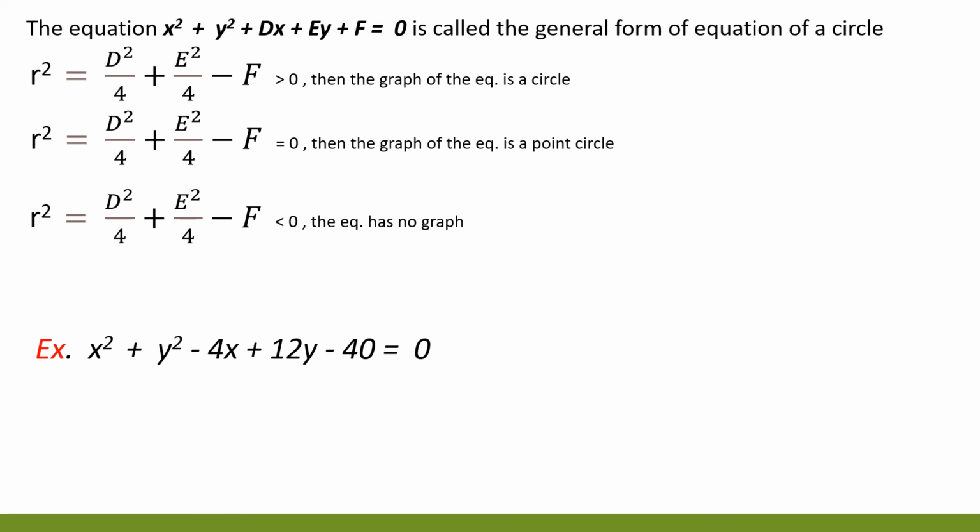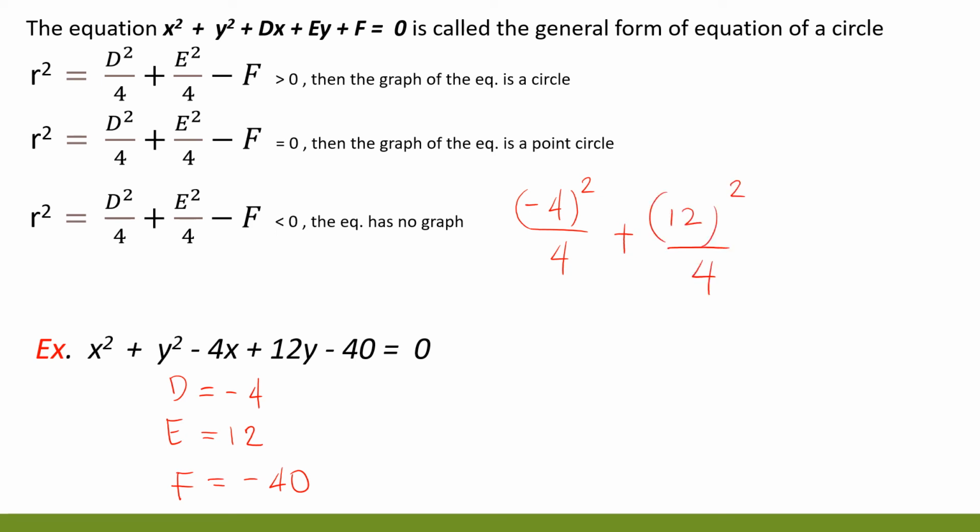Another example: x squared plus y squared minus 4x plus 12y minus 40 equals 0. In this case, D is negative 4, E is 12, and F is negative 40. Again, using the pattern, negative 4 squared over 4 plus 12 squared over 4 minus negative 40.